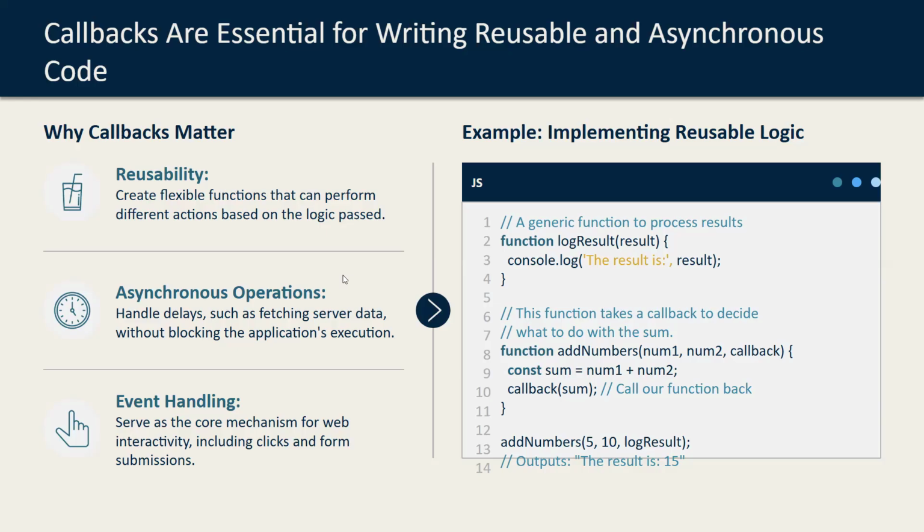And then on the right here, we have a simple function called logResult that simply prints a result to the console. And then we have another function, addNumbers, which takes two numbers and a callback function. Inside that function, we simply calculate the sum of the two numbers, and then instead of deciding what to do with that sum directly, we just pass it into the callback.